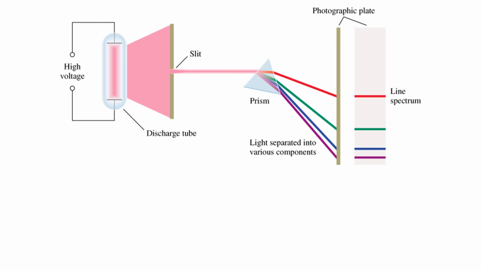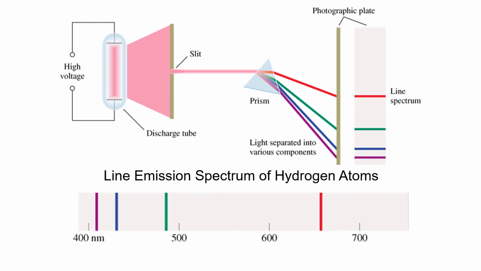And when it hits this prism, then it's separated into its component wavelengths, and we get 4 distinct lines in this hydrogen spectrum. We get a violet, bluish green, and a red, spanning that visible light spectrum. Okay.